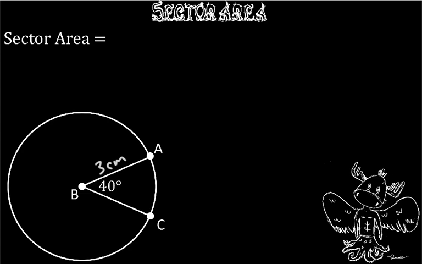All right, so let's look at this example right here. The portion of the circle we're talking about is 40 degrees divided by 360 degrees. We're going to multiply that by the area of the entire circle, pi times the radius squared.